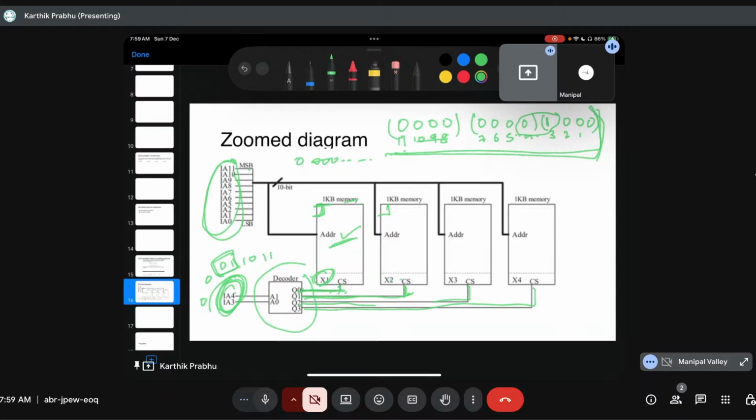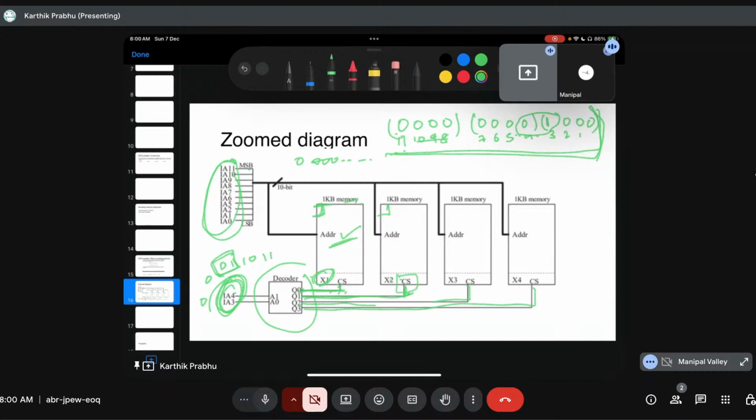Now my question is, do I need to change any of these bits? No, I changed 4 and 3 to get x2, right? I mean, I changed 4 and 3 to get this memory block.